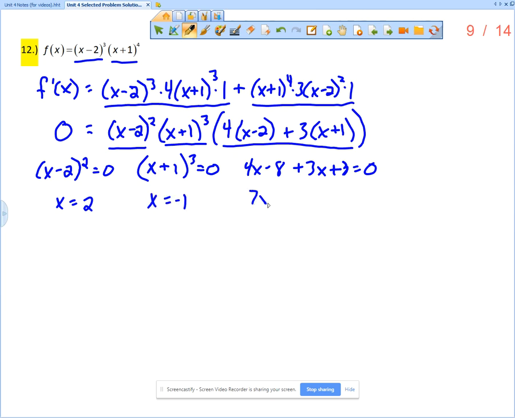Here, 4x plus 3x is 7x, negative 8 plus 3 is negative 5, equals 0, so I add 5 and divide by 7, so x equals 5/7.